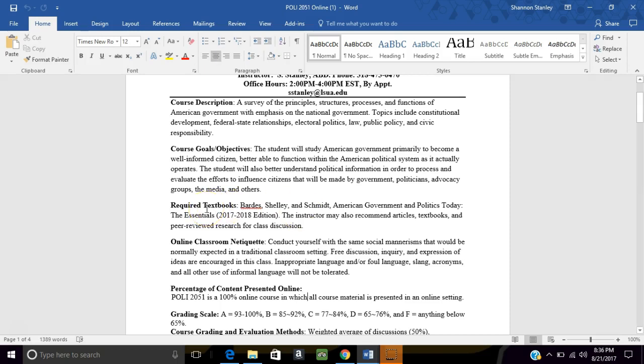Required textbooks. Now, some of you had an earlier edition. You've contacted me about that. Using that is fine if you are able, if you are the type of learner that is able to grasp broad concepts and use those concepts to help you understand the smaller details, okay? Because basically, they come out with a new textbook every year, and it just has the most current events.